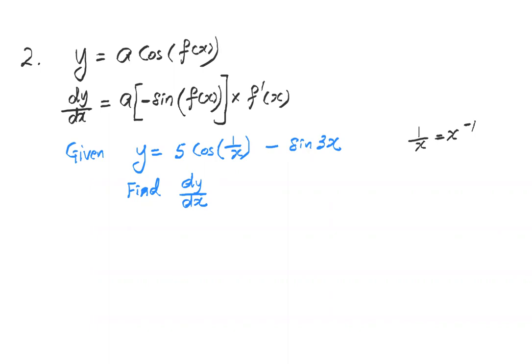So my dy dx will be, for the first one, you differentiate cos, you get negative sin. Write down the angle. Times by the derivative of the angle. Still remember how to differentiate this? Multiply by the power, power take away 1.